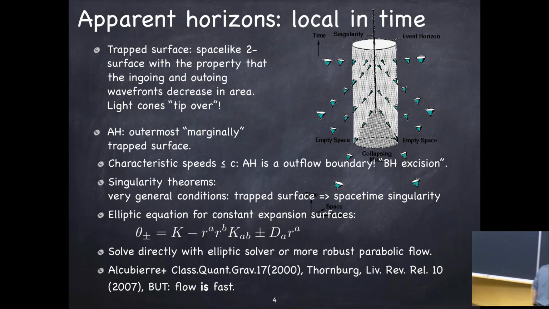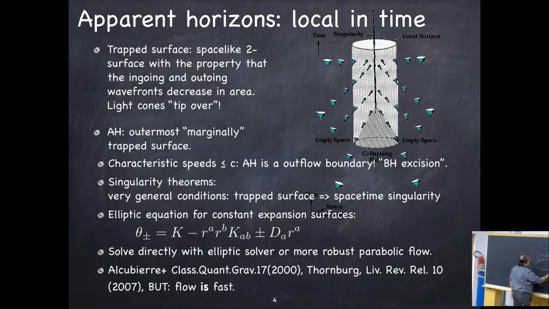There's another. I have to think about how to draw it in the right way. So let's make another drawing. So here is my space-time diagram. This here is a two-surface. Okay, I've suppressed one dimension. A two-surface at a given time. Imagine on this two-surface, you have a lot of light bulbs, and you flash your light bulbs all at the same time.